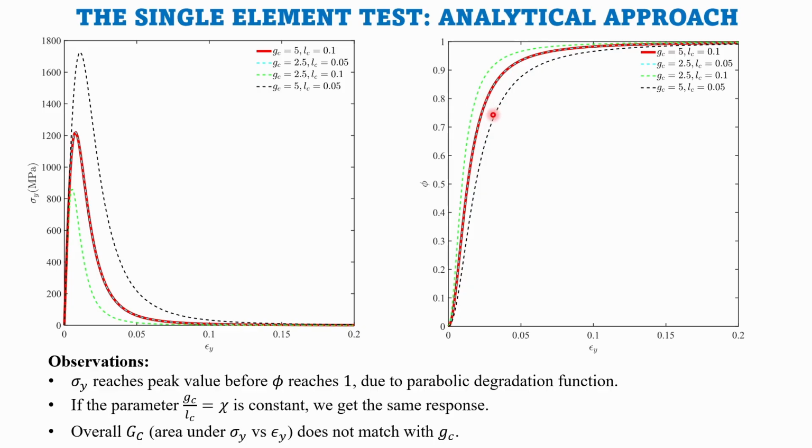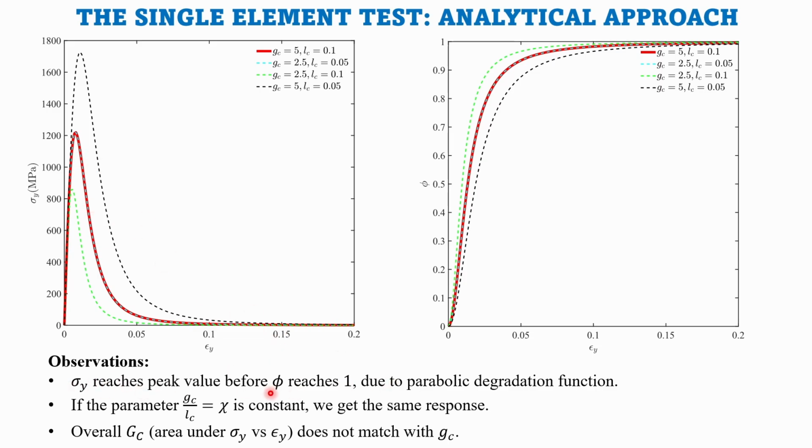And for this black curve, it goes from 0 to 1 slower. Why slower? Because we are decreasing LC and keeping GC constant. And why faster? Because we are decreasing GC and keeping LC constant. But when we are changing them in the same proportion, these two curves overlap, just like this case. So observations: sigma y reaches the peak value before phi reaches 1 due to the parabolic degradation function.